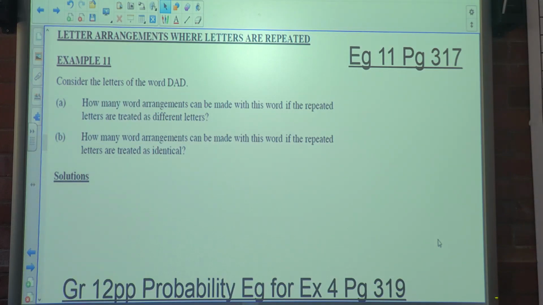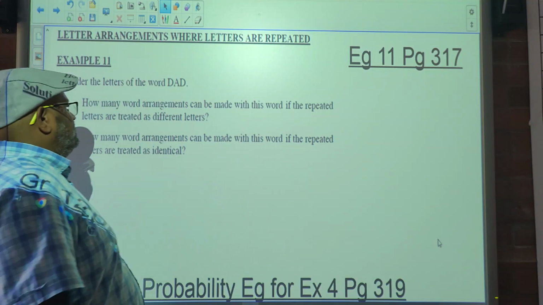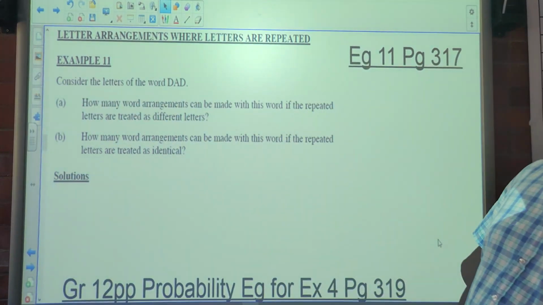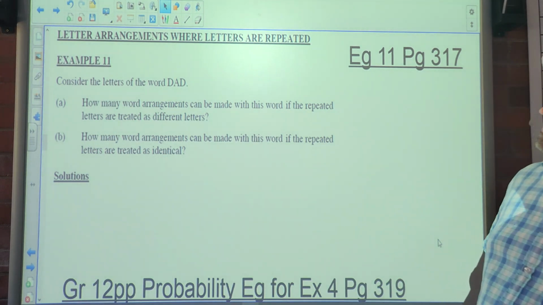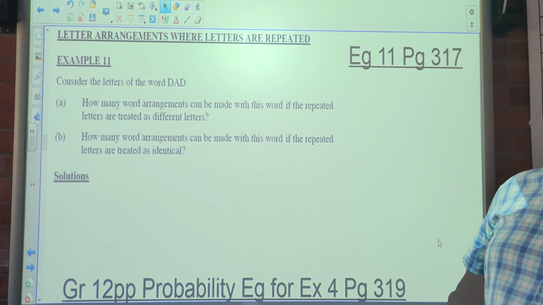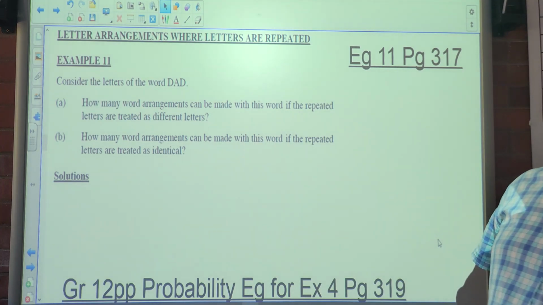Okay. So in example 11 we are told consider the letters of the word dad. How many word arrangements can be made with this word if the repeated letters are different letters? What do they mean then?